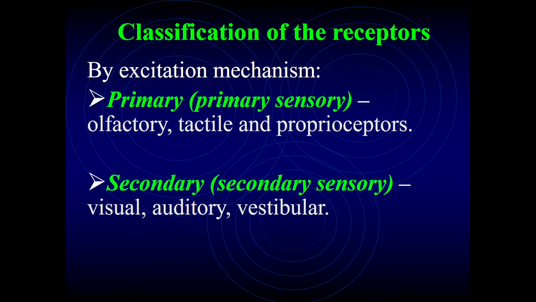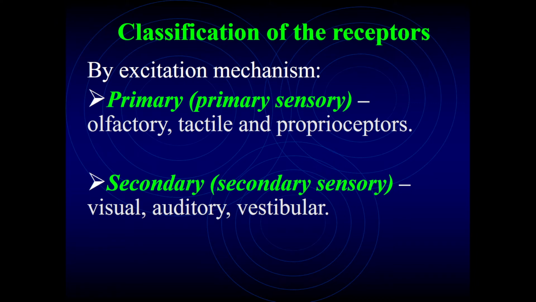And one more classification, by excitation mechanism. There are primary and secondary receptors. Primary sensory receptors, there are olfactory, tactile, and proprioceptors.